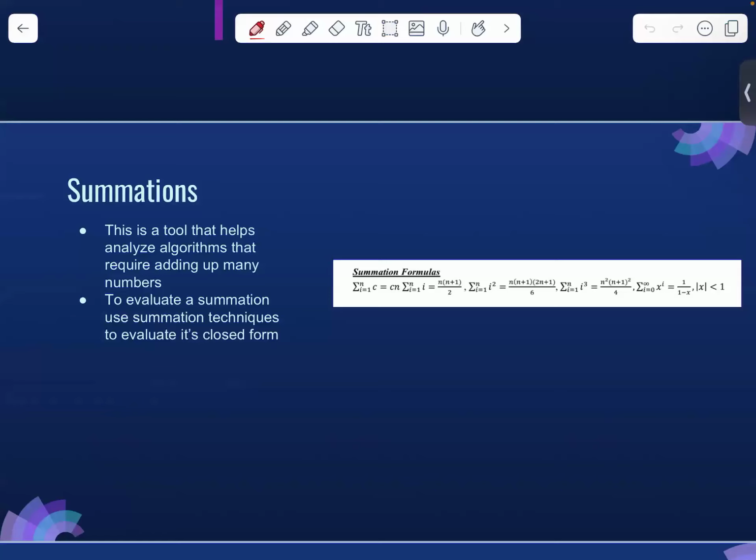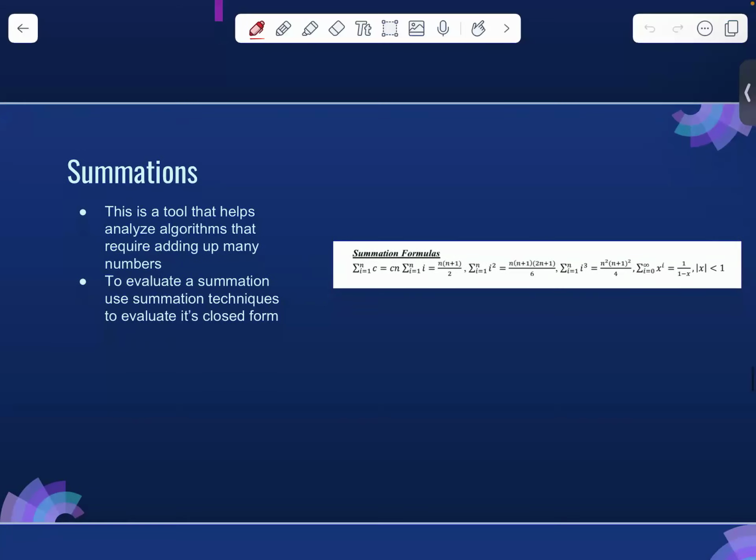That way you can just plug in the values for n and then do some algebra to evaluate the entire summation. So let's say I had the summation from i equals 1 to n of c.